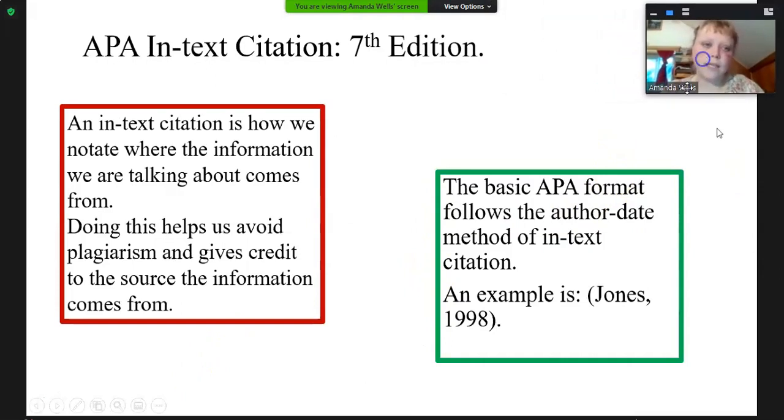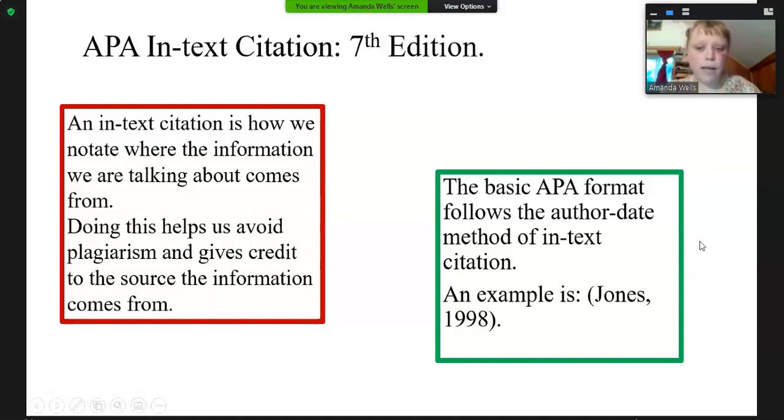For the in-text citation, that's how we make sure to notate where the information that we just used came from. And you want to notate anything that you've taken from another source. So you can use direct quotation, you can summarize, but if it comes out of another book, paper, article, anything of the sort, you want to cite it.